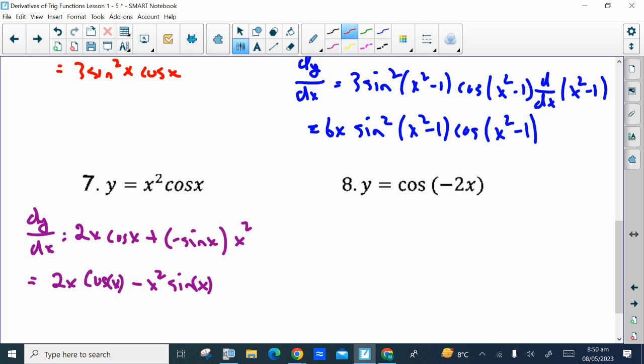Right? Number 8. Again, chain rule is used. The derivative of cosine is negative sine of negative 2x times the derivative of what's inside the bracket. And the derivative of negative 2x is negative 2. So the negative 2 will come in front.